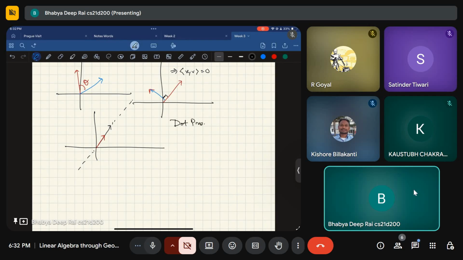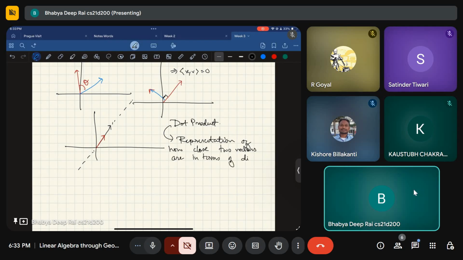The dot product is not an absolute quantity, but it is an approximation. If two vectors are perpendicular, the dot product is 0.